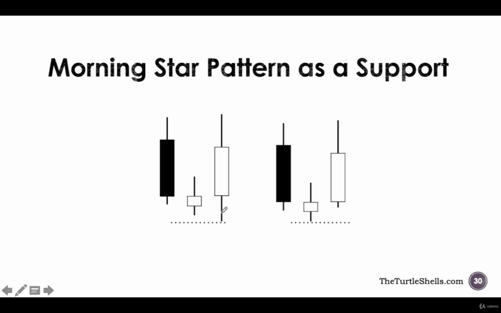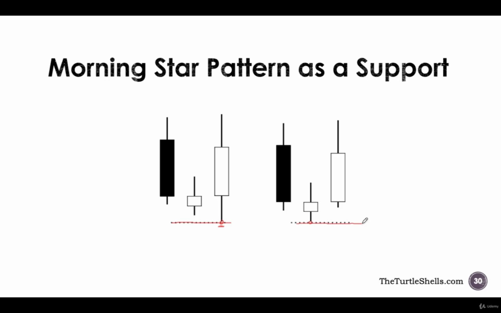So we take the 3 candles, we take the lowest low of the 3 candles and that becomes our support. So if I have to keep my stop loss, I will keep it just under the support, maybe 1 or 2 ticks or 1 or 2 points. In this case, the second candle's low is the lowest low, so that becomes my support area.